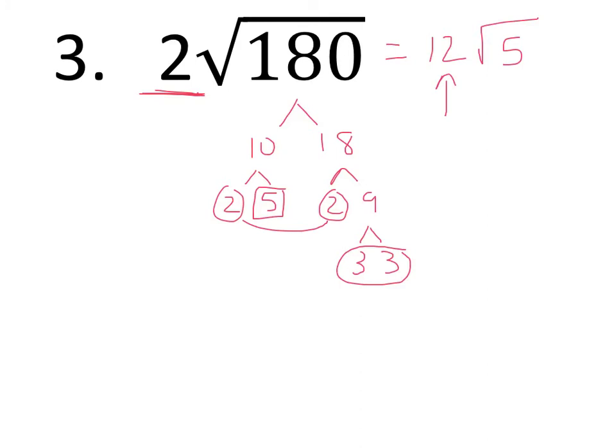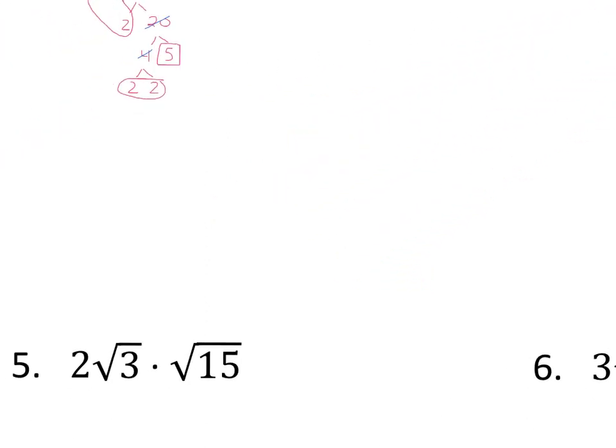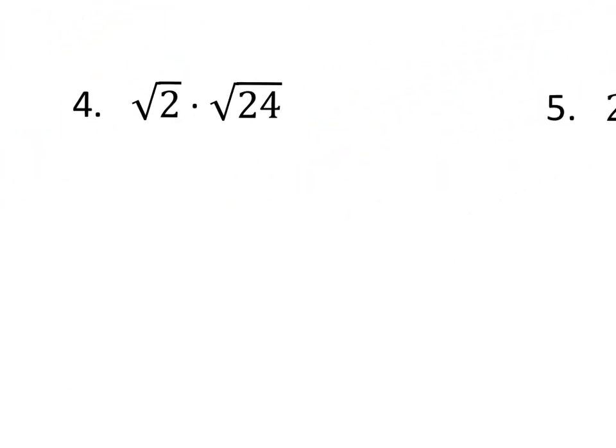Again, this number comes from, right here I have a 2, so 2 times, then I have a pair of 2's and a pair of 3's. So times 2 times 3. That's where that's coming from. Okay? All right. Number 4.